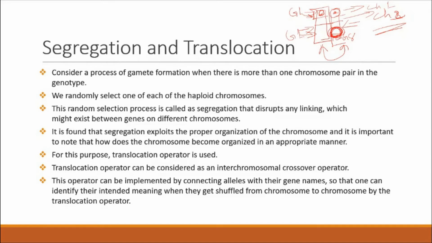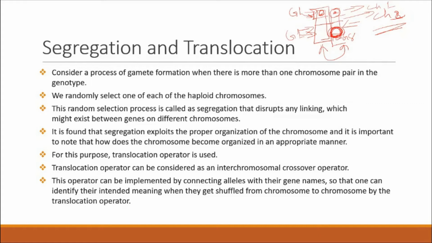So when these genes are reshuffled, still using this translocation operator, since the gene names are present, we can arrange them in the appropriate manner itself. So that is the segregation and translocation. During the segregation, we separate the chromosome pair into two, then a randomized selection is done, and one haploid chromosome is joined with another haploid chromosome.